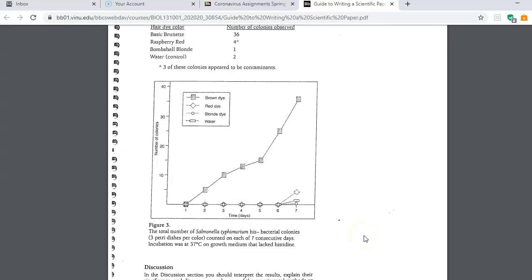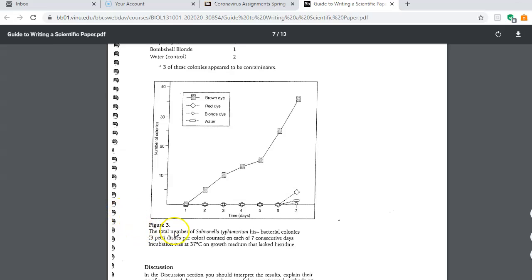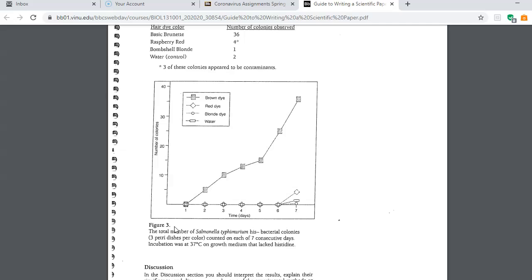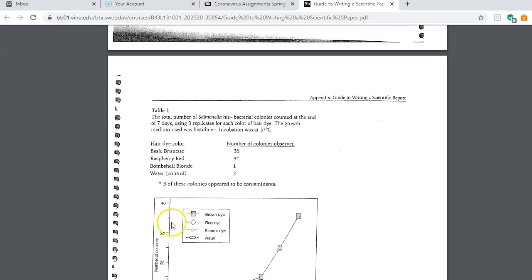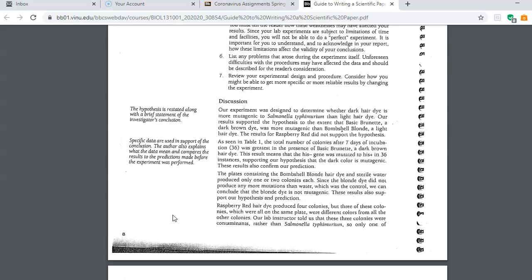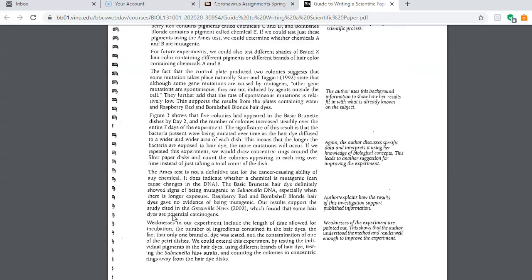Whenever you are labeling a figure or a graph, it always goes on the bottom. If it's a picture or a graph that you've generated, the label and the numbering of the figure goes below it. If it's a table, it goes above it. If you know that going forward, you'll probably impress some of the people that are grading your papers. All right, so we also have our checklist.